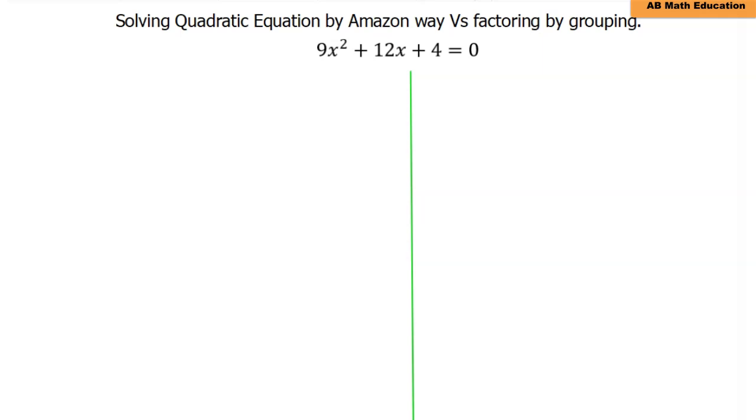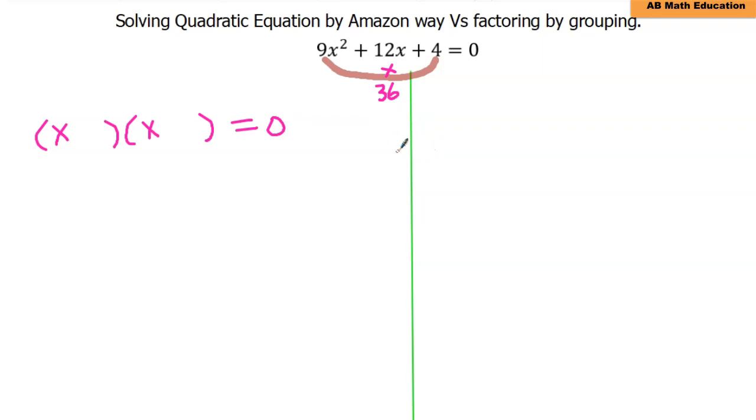We want to solve this by the Amazon way. That's the first one. So we will multiply the leading coefficient by the constant. Here we are multiplying, we get 36, and as we get 36, you just write your grouping, and we are waiting.